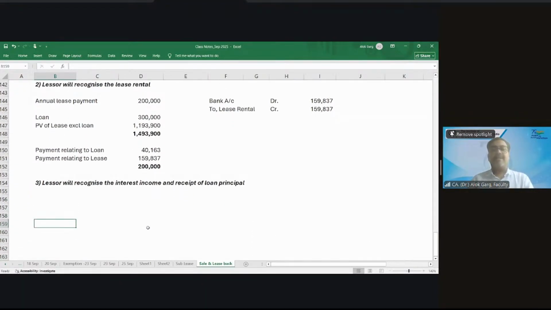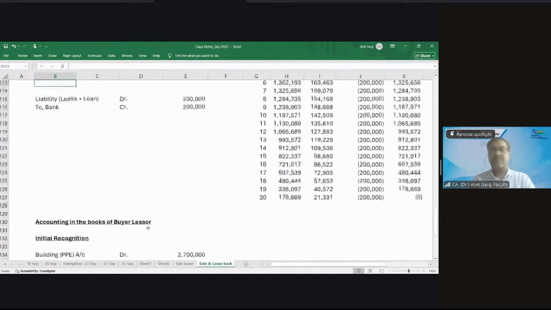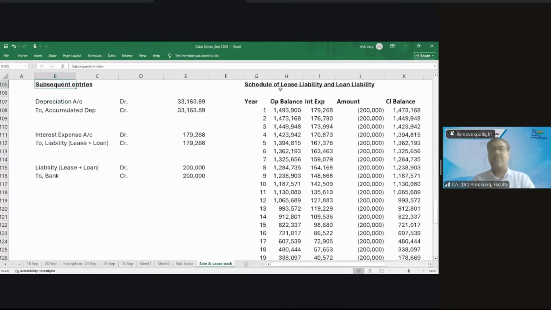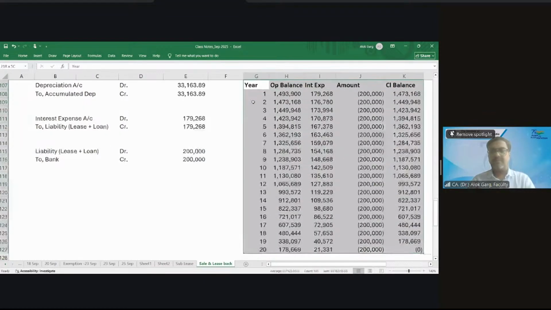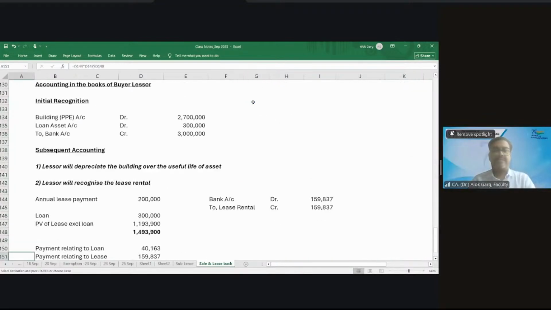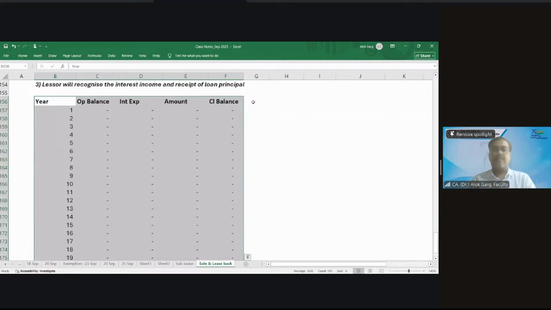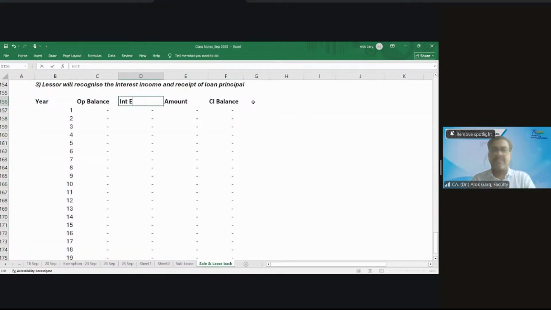So I need to make a schedule for this. Let me make a schedule for 20 years for this loan part. Is there any doubt up to this level? No, sir. आपको पता नहीं मैं क्यों कर रहा हूं इंटरेस्ट इनकम?